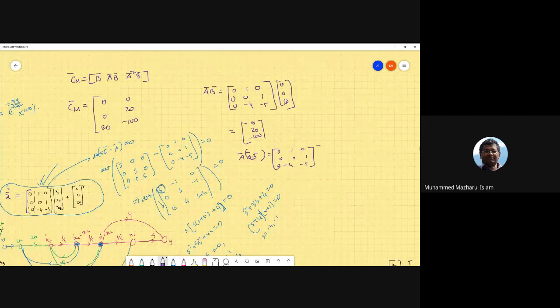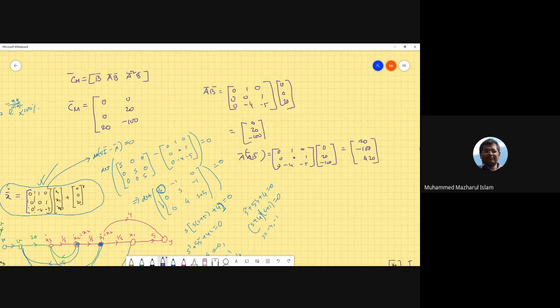You have 0, 20, and minus 100. Then check whether I'm making a mistake or not. Okay, so the first one would be 20, second one would be minus 100, the third one would be minus 80 plus 500. So that's 420.